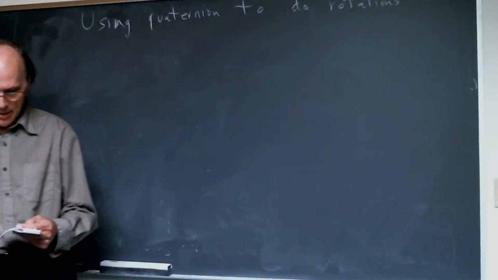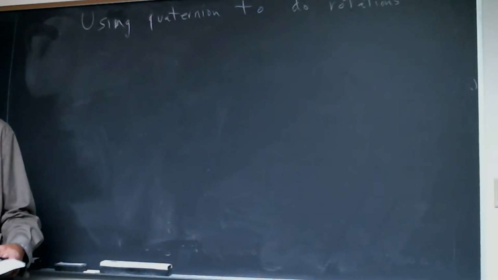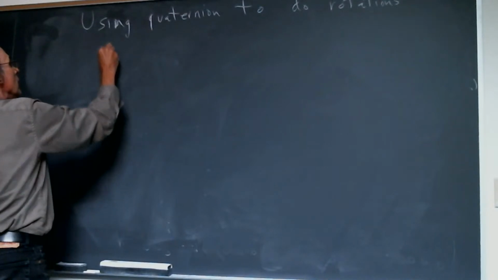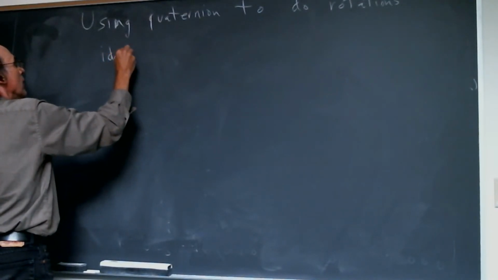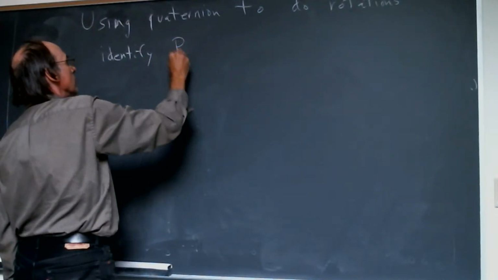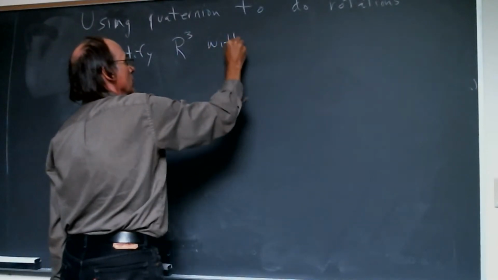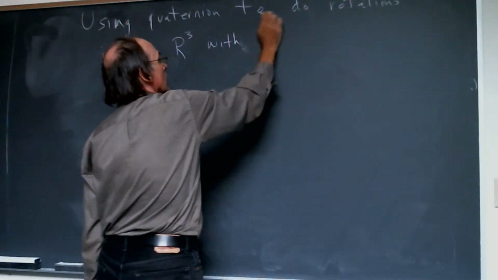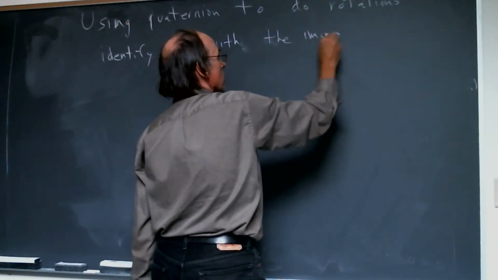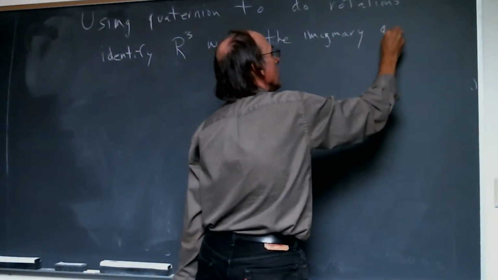So here's the trick. What you do is you identify R3 with the imaginary quaternions, the ones that have real part 0.